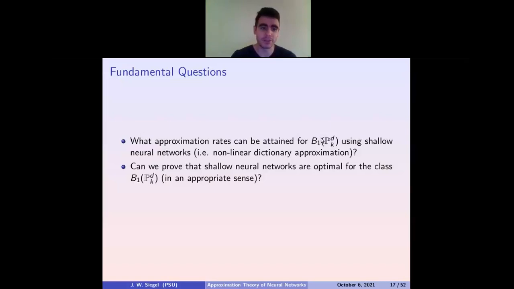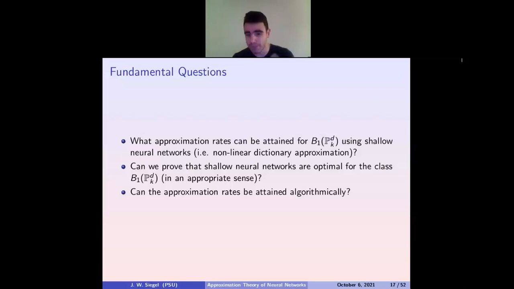This class of functions is very specific to shallow neural networks. It's given by exactly this convex hull, so it seems like this would be a class of functions for which neural networks would be very good, but can we show that they're actually optimal for this class of functions? And then finally, can all of this be done algorithmically in some way? So those are the three questions that we want to try to answer here. Okay.